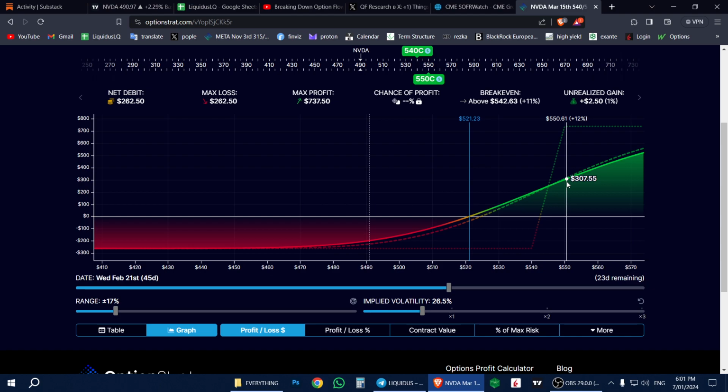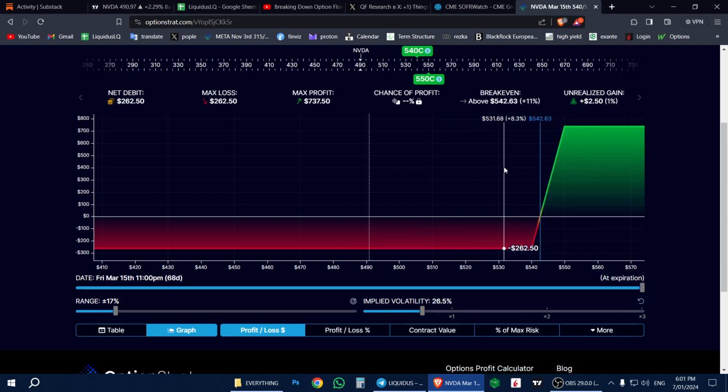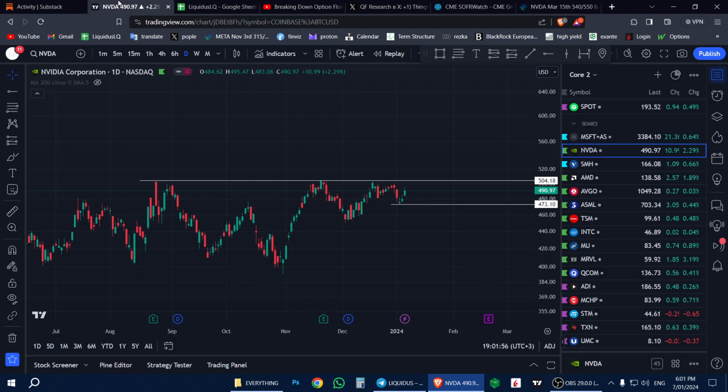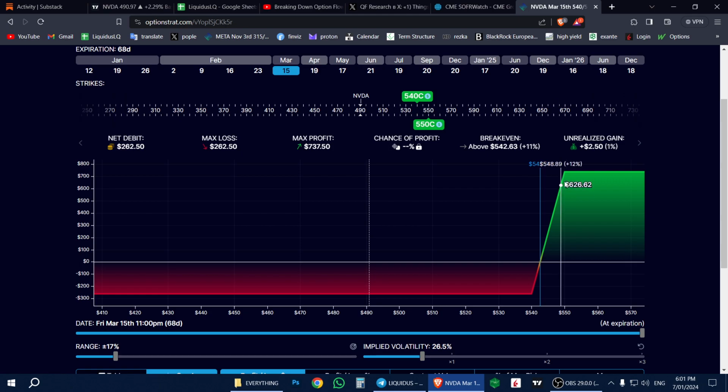It will be a nice return on your investment, we believe. And if we do get this move higher, this will be a lasting move, holding it through March 15 and gaining the full max profit. I believe there is a great possibility of that happening. With risking $160, $200, you stand to make $700. Seems reasonable.